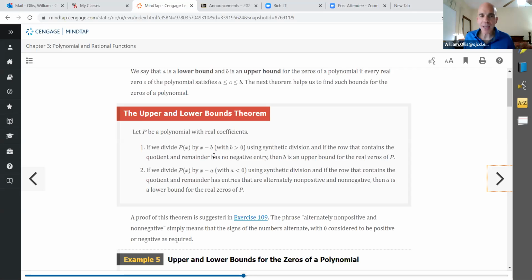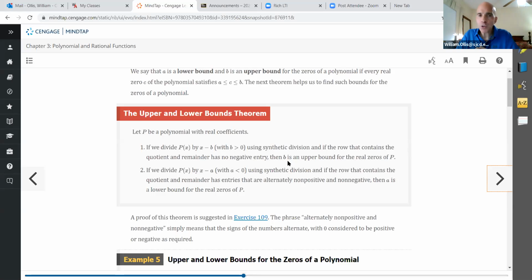So now say we did our synthetic division and we were testing a number that was positive, like the 3 or the 4. And when we look at the synthetic row, and it just contains non-negative numbers, that is, there are no negative numbers, they're either 0 or positive, then that's a red flag that says stop.